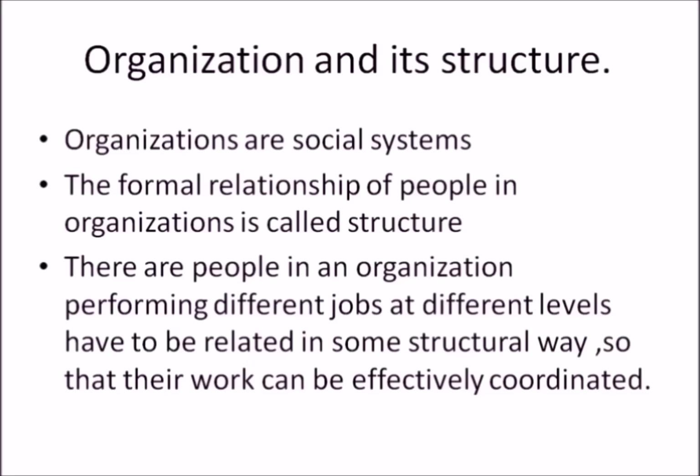But there also there is hierarchy. There are some people at the top level, middle level, and lower level. Like you have general manager, deputy general manager, then you have senior manager, manager, like that. You have a hierarchy. So there is a structure of different departments and different hierarchies or different structural levels in the hierarchy.